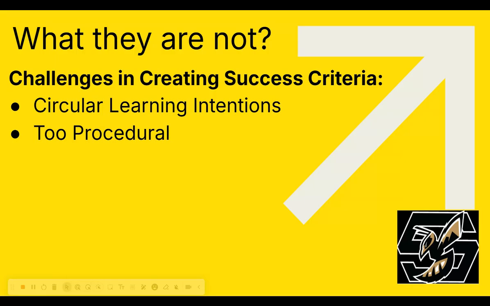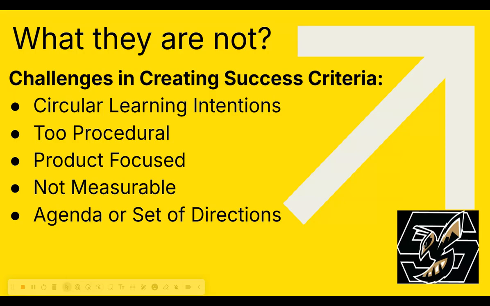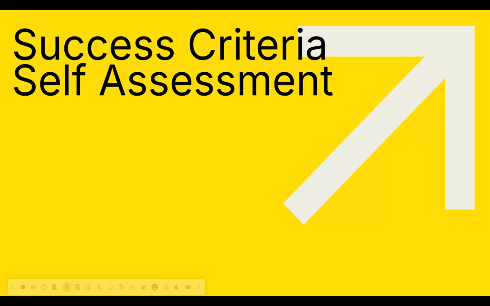If in your success criteria all you do is list procedures, those are not just success criteria, or if your success criteria is only product focused, we want to focus more on what the student actually learned. If you create success criteria that there's no way to measure it, then it's not truly success criteria. So whatever you put in that success criteria column must be measurable. It also must not just be a set of directions or just an agenda.